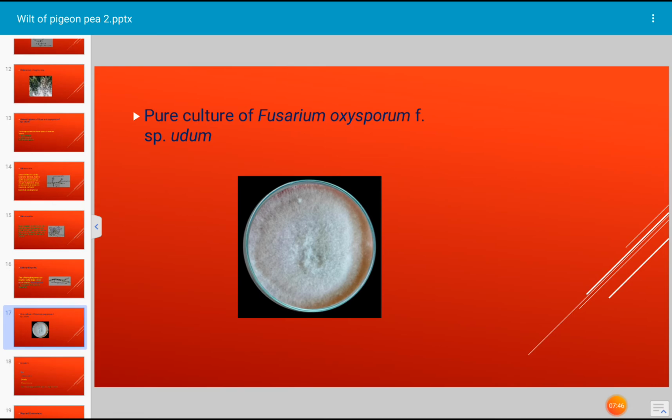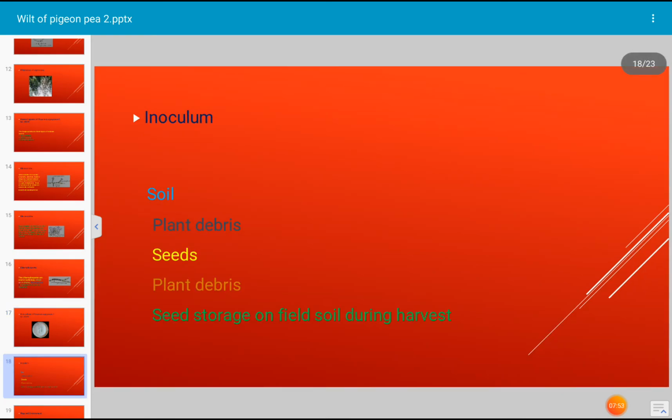Next, this is the pure culture of Fusarium oxysporum from our Laboratory of Botany, Dr. Rafiq Zakaria College for Women. Next, inoculum. What is inoculum? A small quantity of the pathogenic organism which is enough to cause the disease is called inoculum.